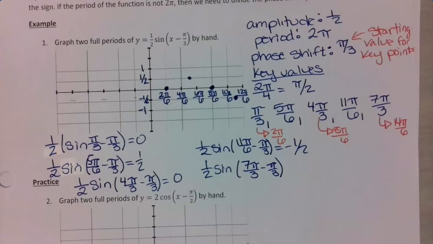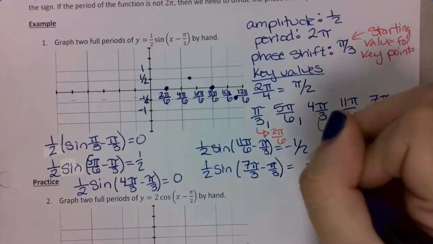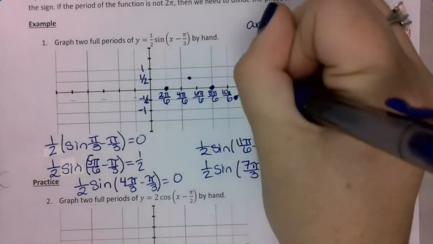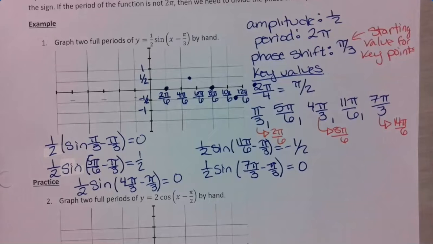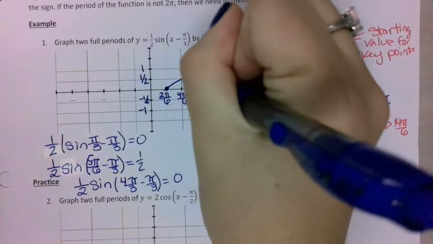I could simplify, but I just wrote it out that way so it'd be easier when I was looking for my 5 pi 6, I could see which values it was between. Okay. And then this last one, which value do I get? 0, which I apologize is a little bit off this graph. So then I want to go ahead and connect these points.